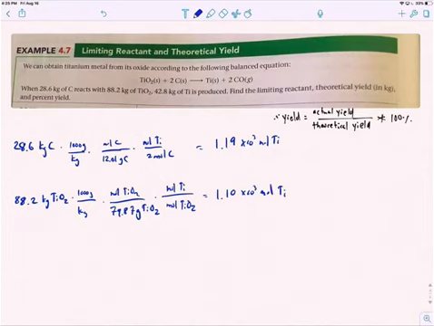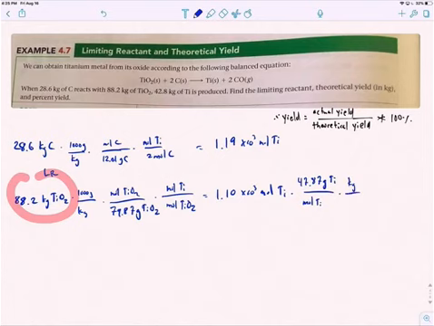Okay, so we know now that this one here is the limiting reagent. Then we just multiply, 47.87 grams titanium per mole titanium, times kilogram to 1,000 grams, and we get 52.9 kilograms titanium. Okay, so this is our theoretical yield.